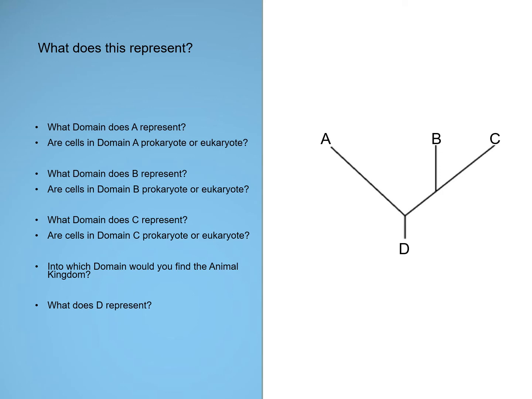Which one is eukaryote? What does D mean? Where would you fit on this tree? So think about those questions. If you want, you can send your answers to me and I'll tell you whether you're right or wrong. And just know that at some point you might have to draw a tree like this. So be prepared to represent the 3 domains in this format.